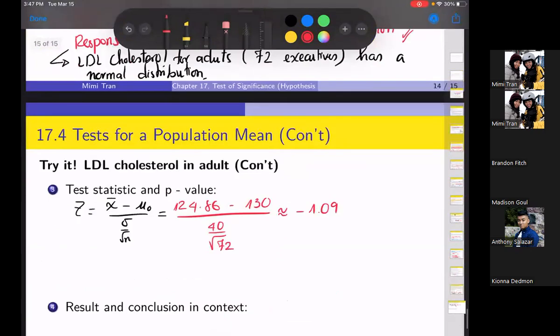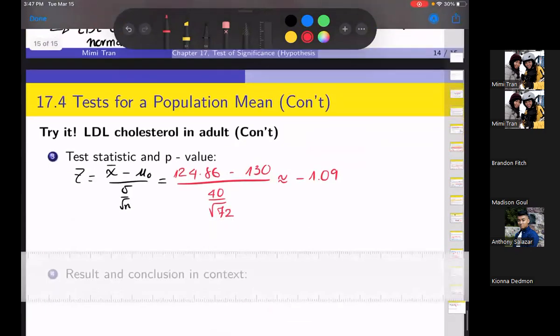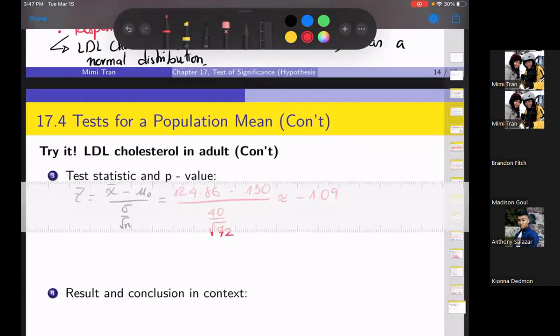By the way, this is 2 tails. If I were you, I would draw it out, or at least draw it out in your head.